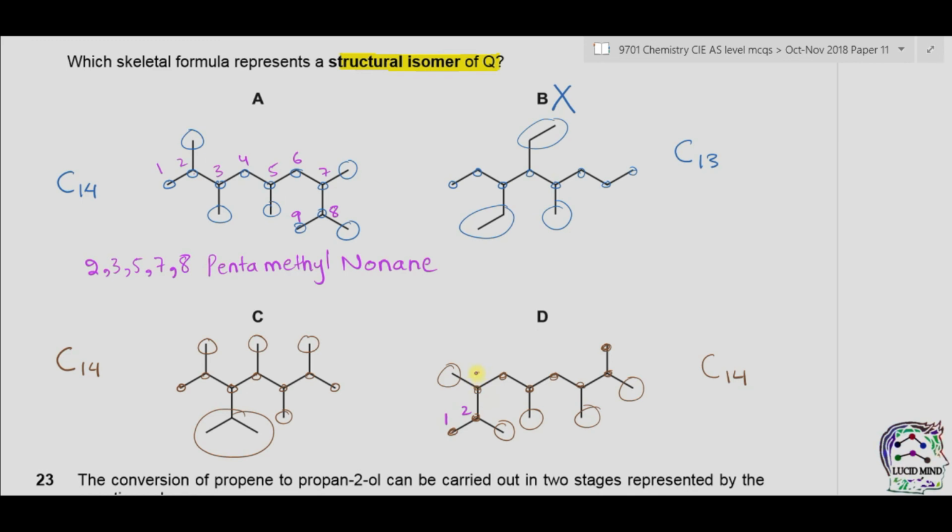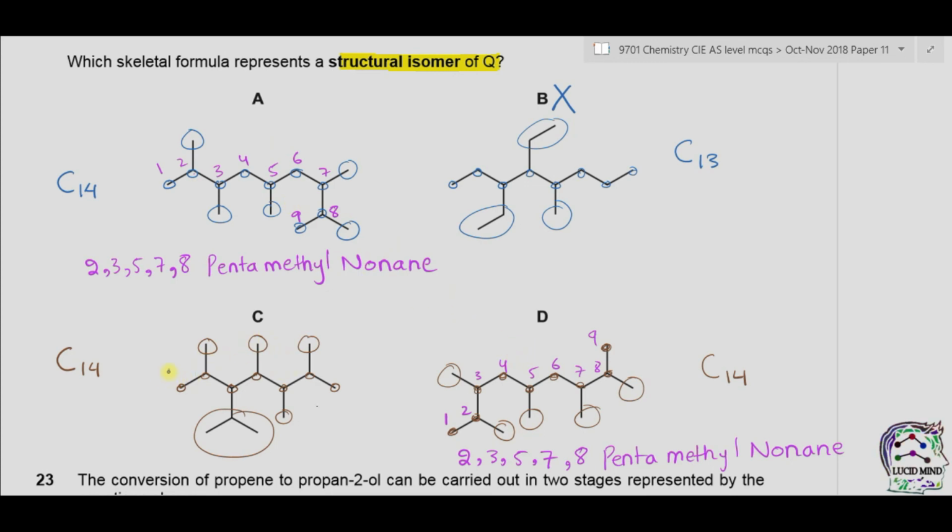This is the 1st, 2nd, 3rd, 4th, 5th, 6th, 7th, 8th, 9th carbon atoms. Again we have substituents on 2nd, 3rd, 5th, 7th, 8th. In total we have 5 methyl groups, so it is pentamethyl. And 9 carbon atoms in the long chain, so it is nonane. So we can say that A and D are actually the same compounds.